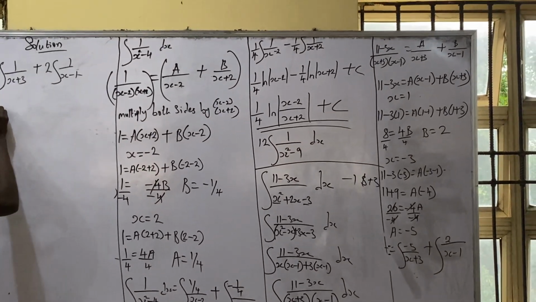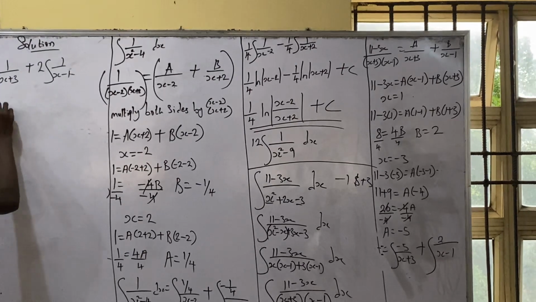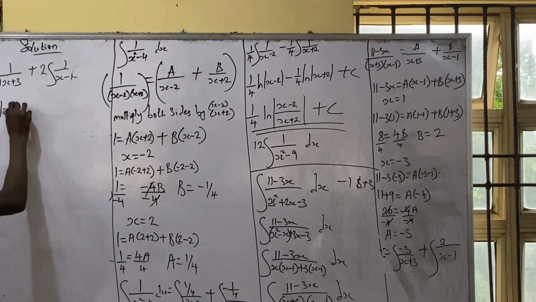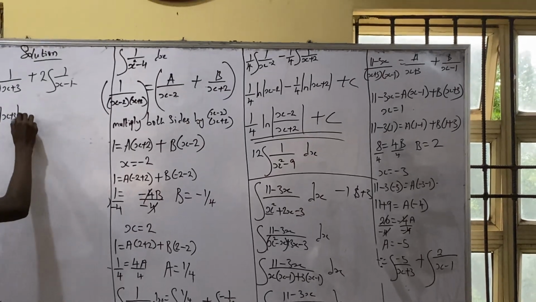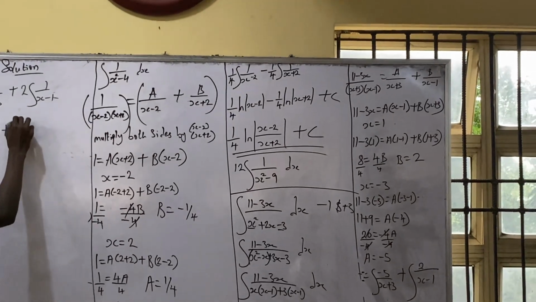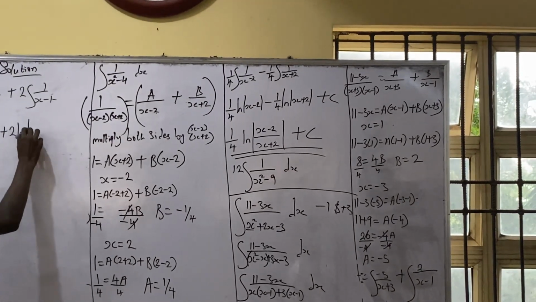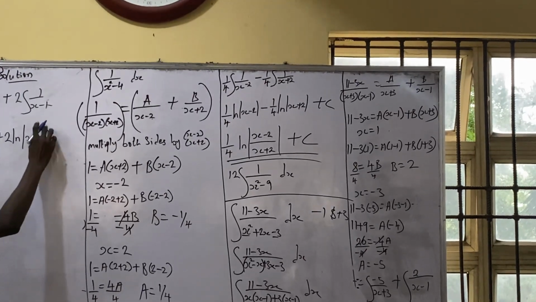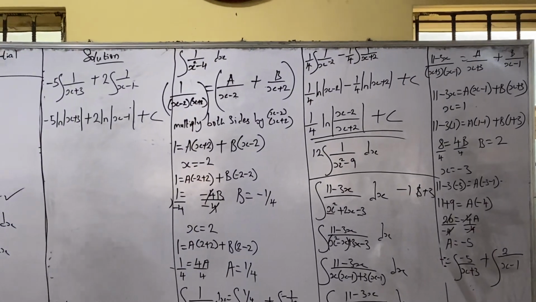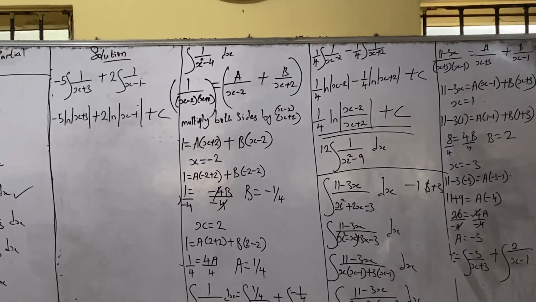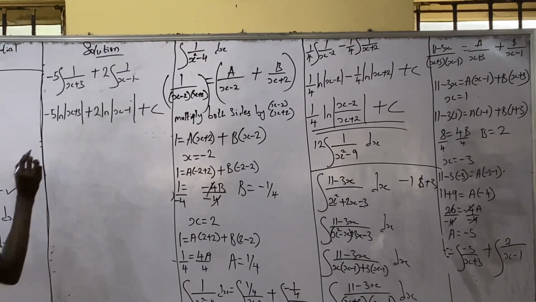This will give us minus 5 ln of x plus 3 plus 2 ln of x minus 1 plus c. That is our final answer for this question over here.